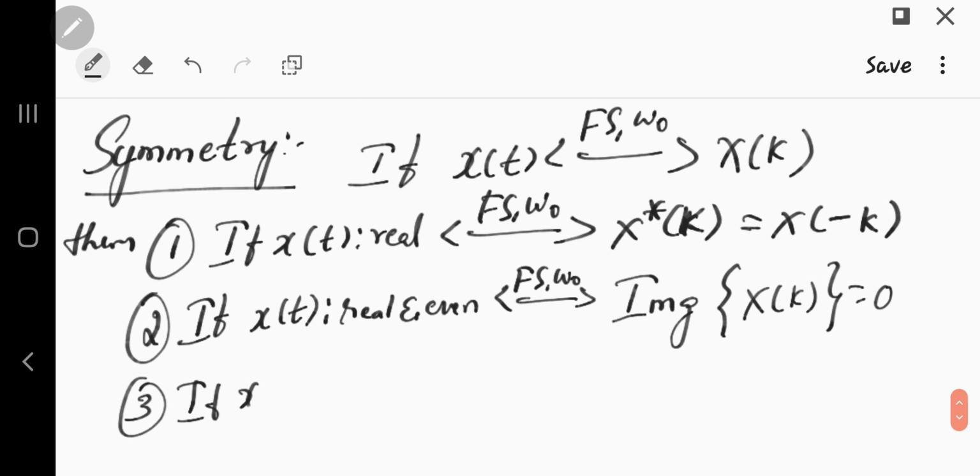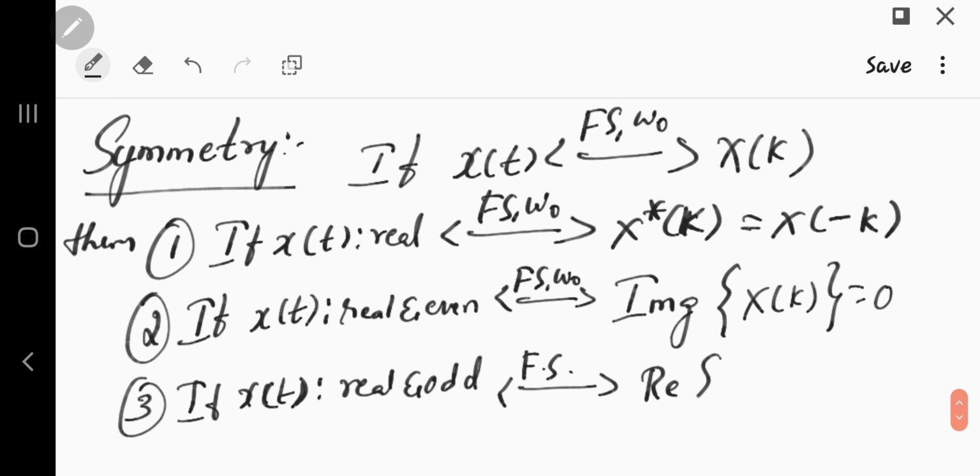If x of t is a real and odd sequence, then if you perform the Fourier series, the real part of this x of k will be 0. So this is what the symmetry property says.